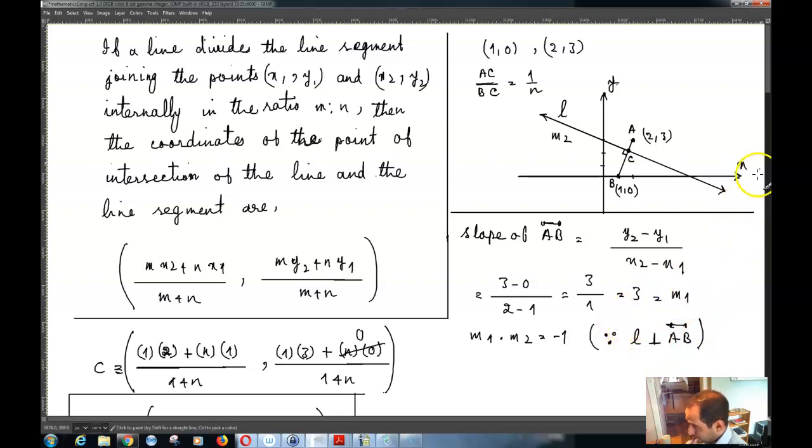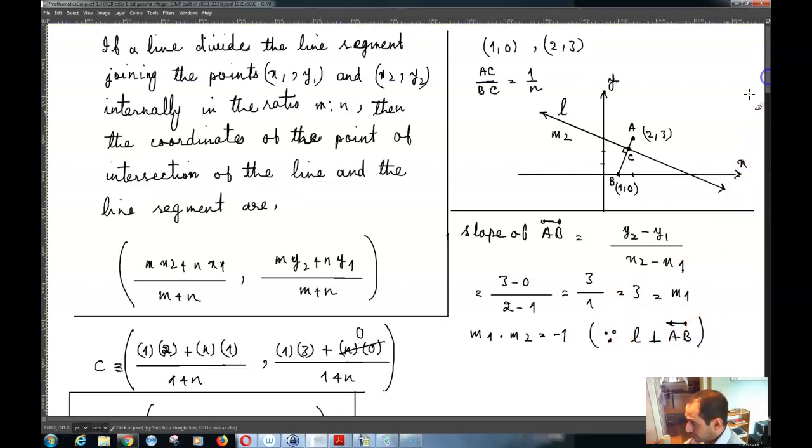So what that means is that my m1 is equal to 3, so 3 times m2 is equal to negative 1, so m2 is equal to negative 1/3, and that is the slope that we were looking for.